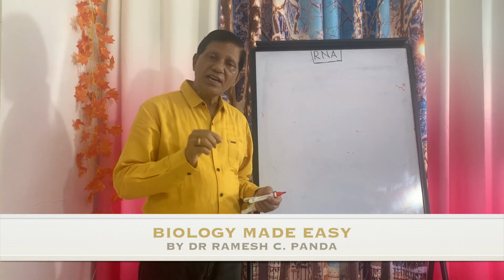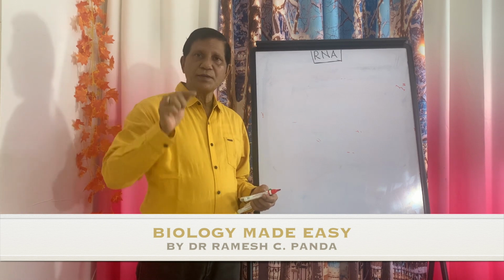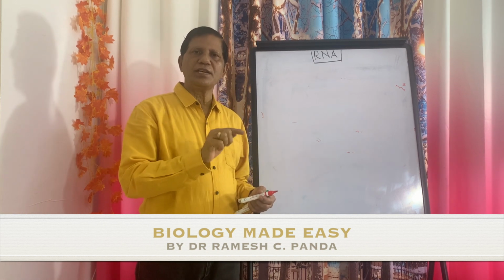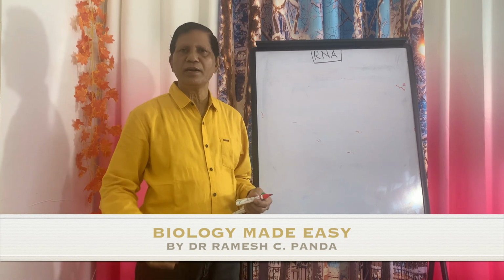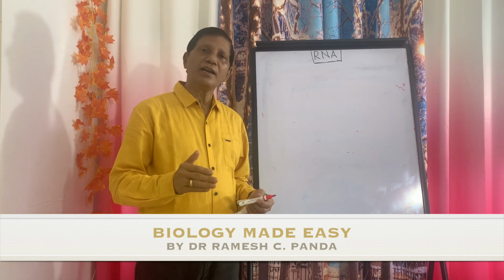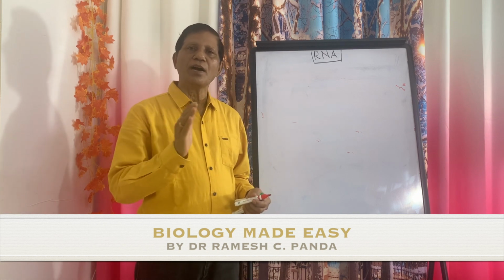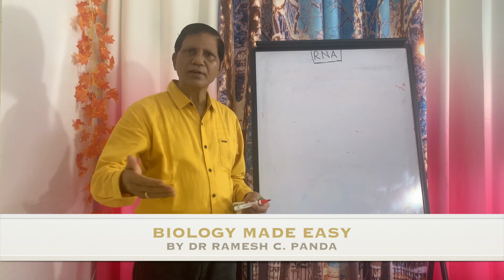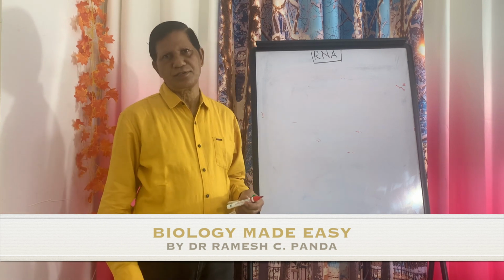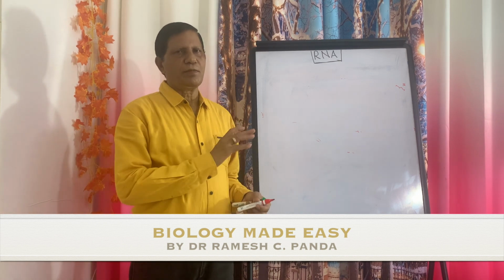And the hnRNA: during transcription of mRNA, first the hnRNA is synthesized, then it is converted by splicing to mRNA. And antisense RNA is a complementary sequence to the RNA. The details of all those things we will discuss during our regular classes. So this is all about RNA.